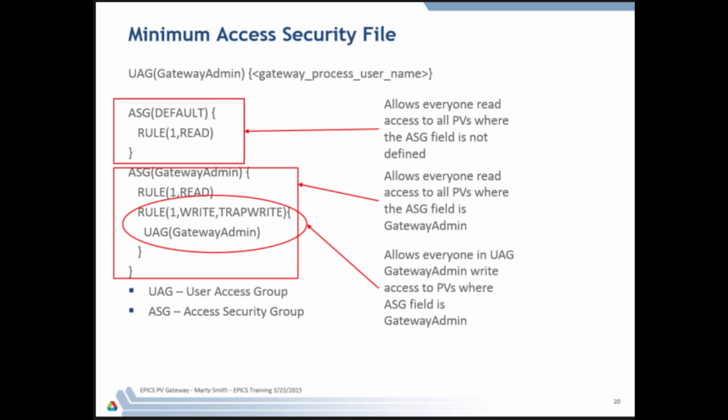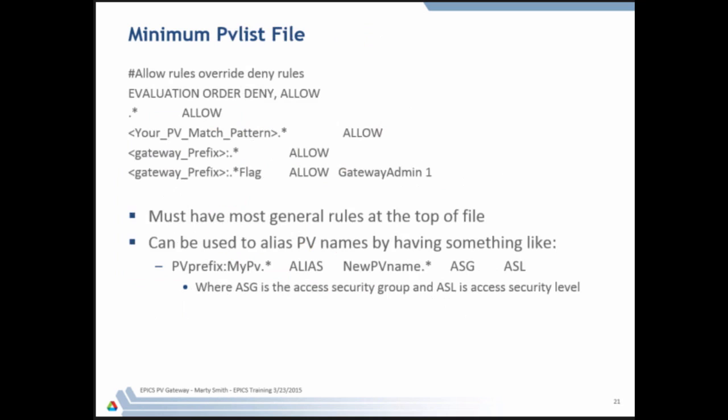So we've got access security level 1, we've got the gateway admin with the write rule here. This trap write is what actually writes to the put log. So channel access will trap that write and tell you, okay, this is who wrote to this PV, and this is where they wrote it from.